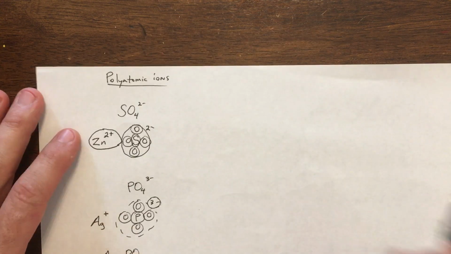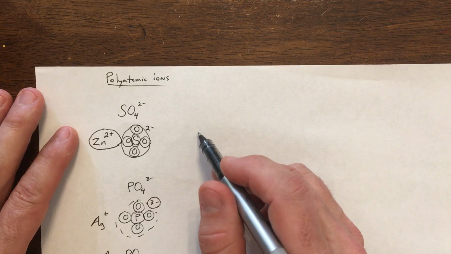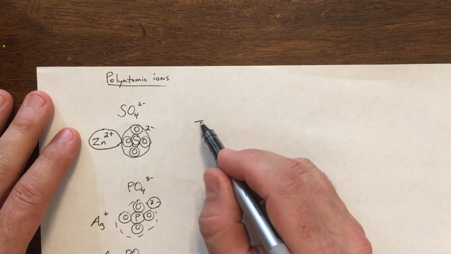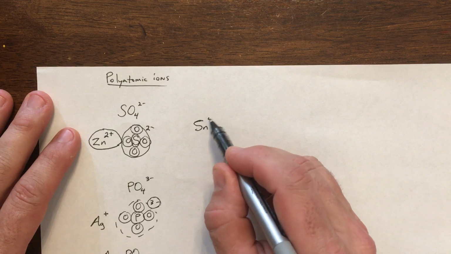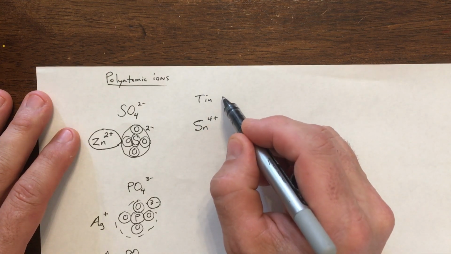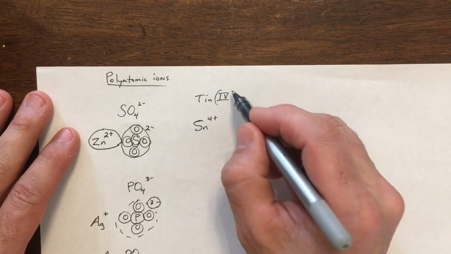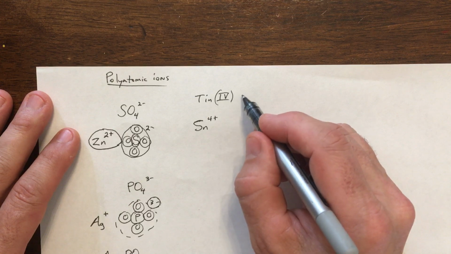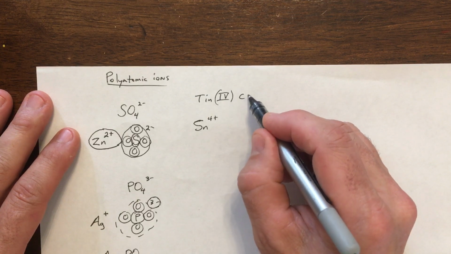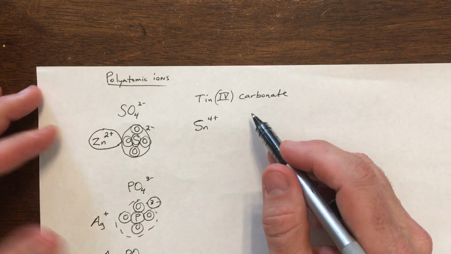Now, you do have some cases where you might need to use parentheses and reduce. Say, for example, you're working with tin 4 carbonate. Here's tin 4, Sn4+. I look at my ion sheet, and carbonate is CO3 2-.